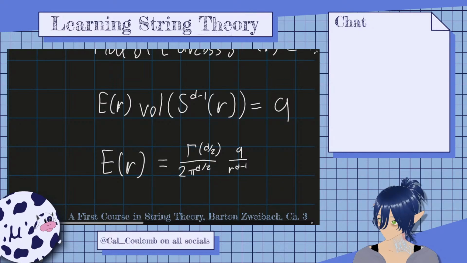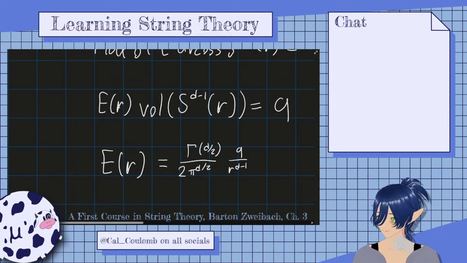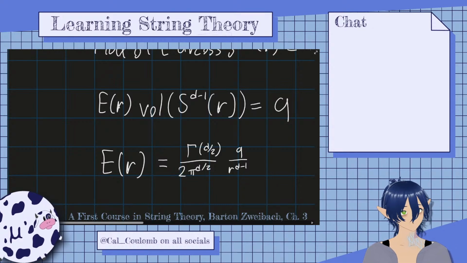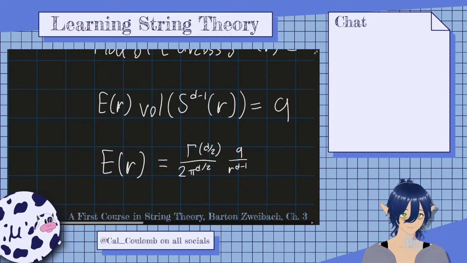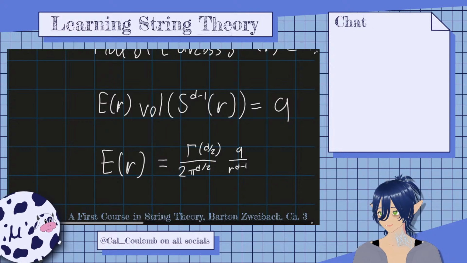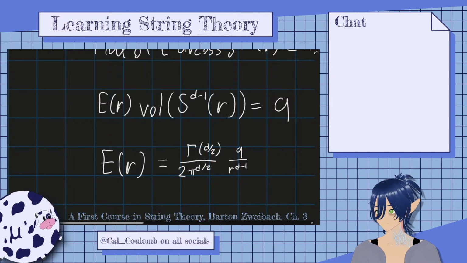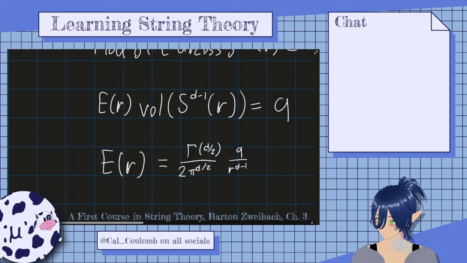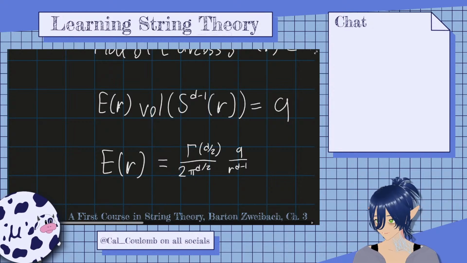I also, in my research, did it for other cases, not just for the Coulomb interaction. And so you can add different functional forms to it. Specifically, I focused also on Yukawa interactions. That's where in 3 dimensions you have 1 over r squared, but you also have an exponential decay of your potential. And I generalized that also to higher dimensions.